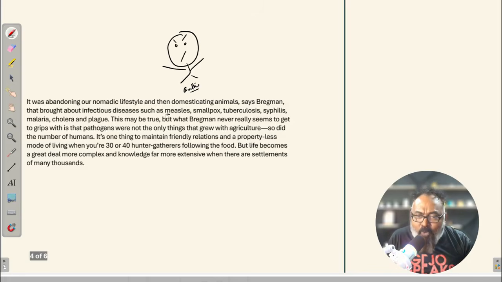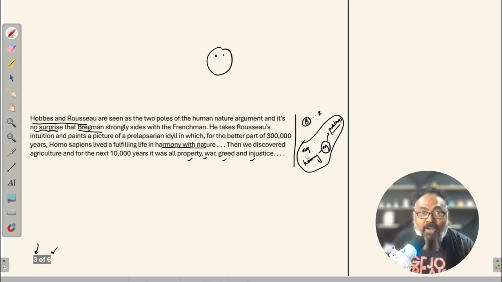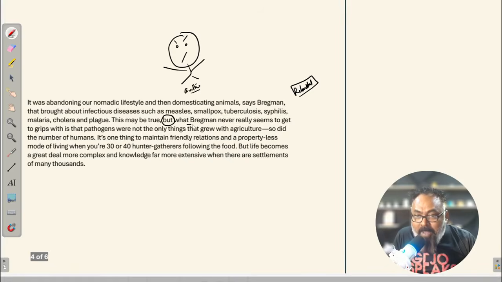This may be true, but a rebuttal is happening in this particular passage, which means this was a counterpoint the author was trying to attack. Oh, this may be true. What Bregman never really seems to get to grips with is that pathogens were not the only thing that grew with agriculture.